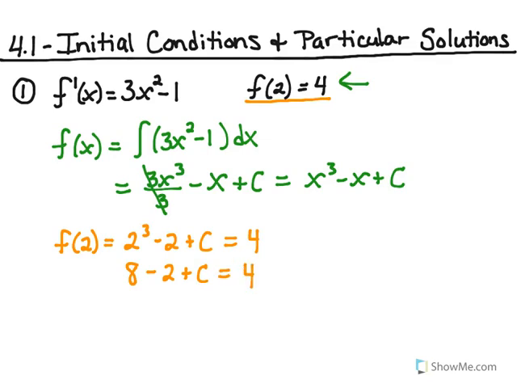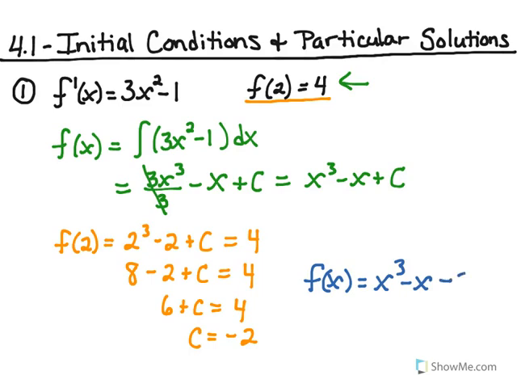So I have 6 plus c equals 4. c must be negative 2. So therefore my final solution, f of x is equal to x cubed minus x plus c, which in this case is negative 2. And there is my particular solution for this problem.